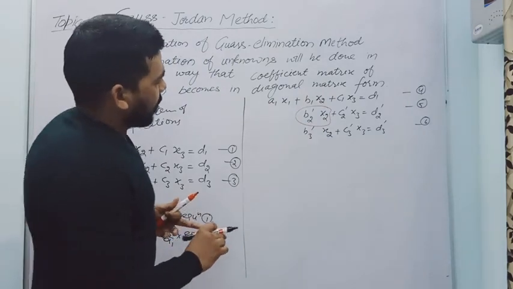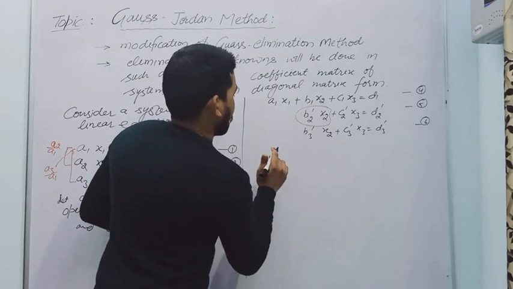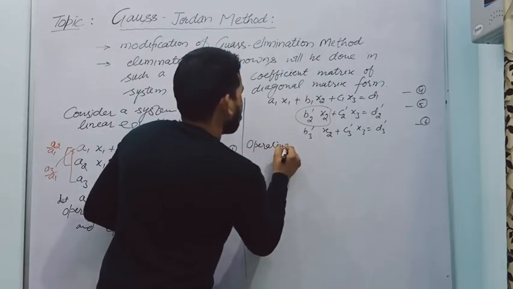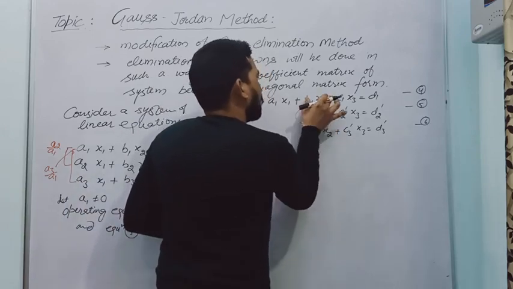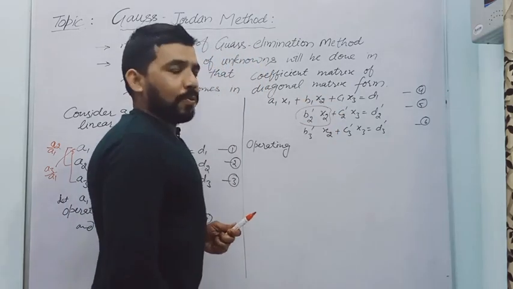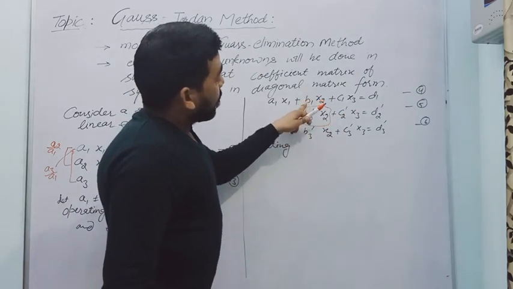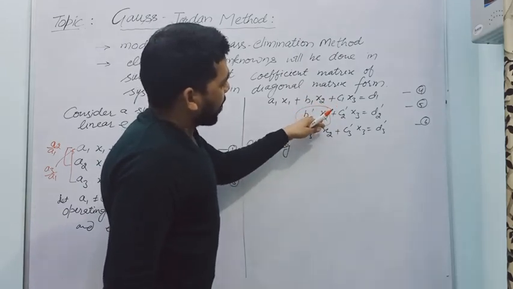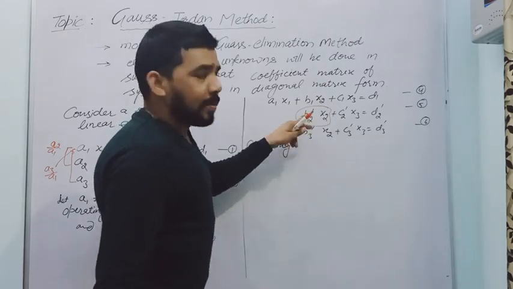When this elimination is done, what do I have to do? By using this one, you have to eliminate x2 from equation 4. This should be b1 x2; when b1 becomes b1 x2 and you subtract from this one, it will be cancelled out. But here it is b2 dash.